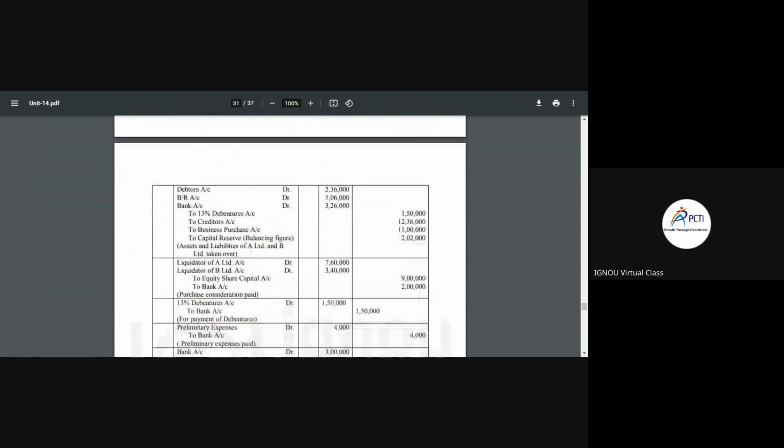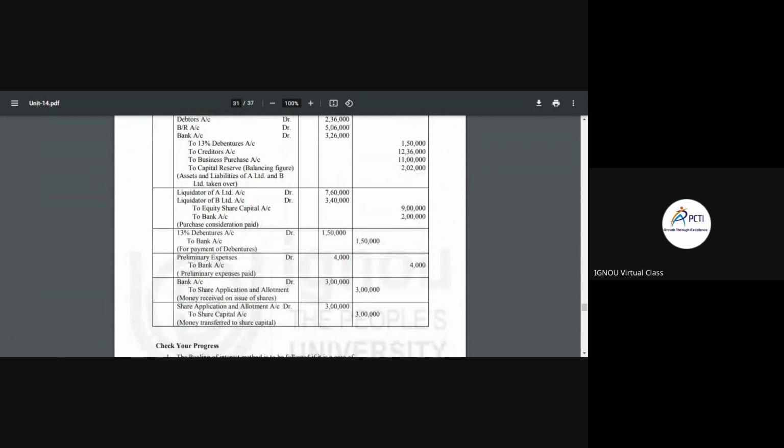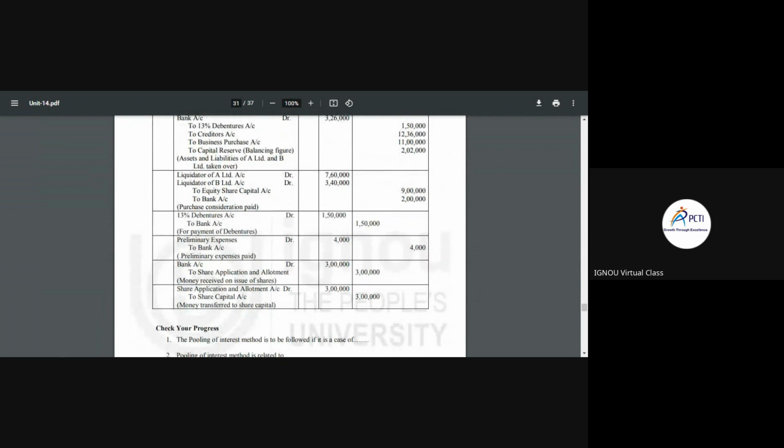Next one is liquidator of A Limited account debit, liquidator of B Limited account debit, and the amount will be transferred to equity share capital account and to bank account for the purchase consideration paid. Next entry will be passed for the debentures, 13% debentures account debit to bank account because the payment has been made for the debentures, that will be 1,50,000.